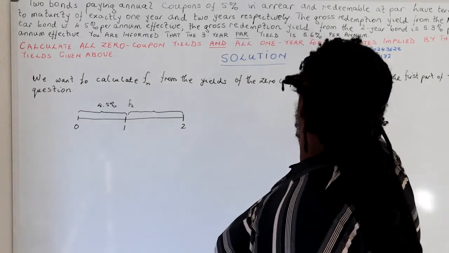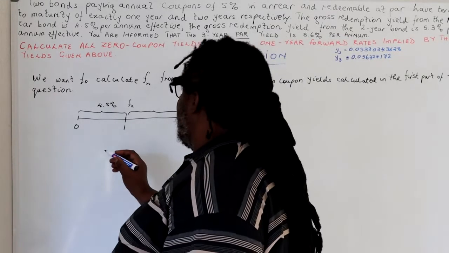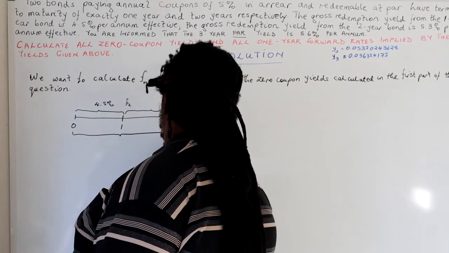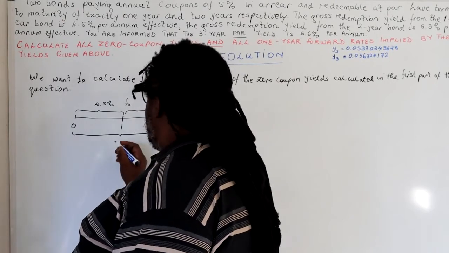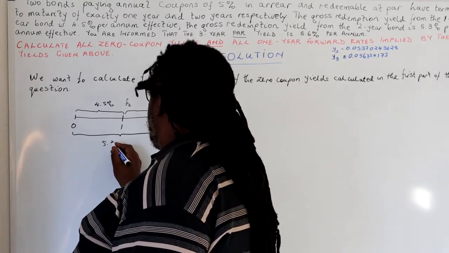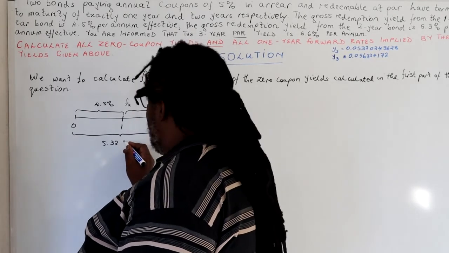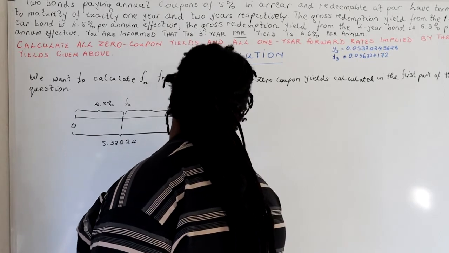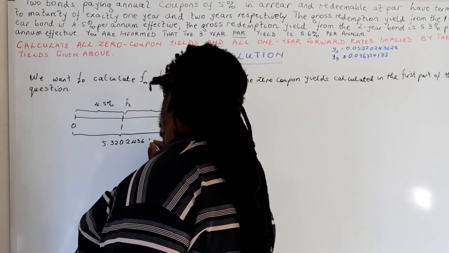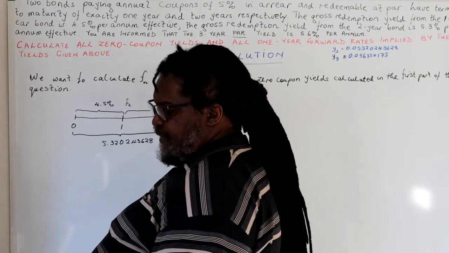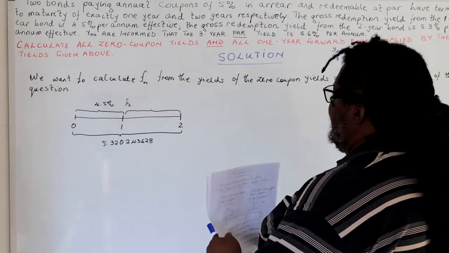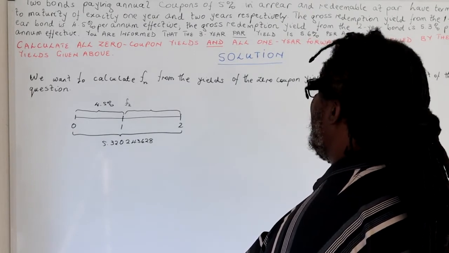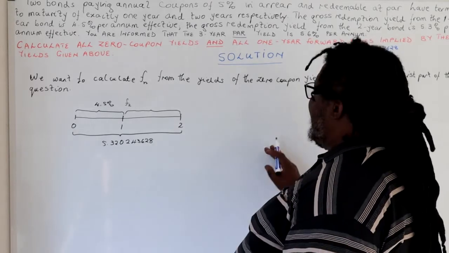But we already know from our calculation that the spot rate for the 2-year period is 5.3202 43628. So that is the scenario that we have for the first part of the second question.